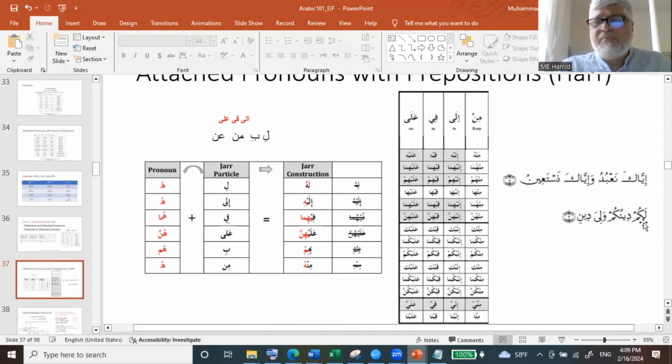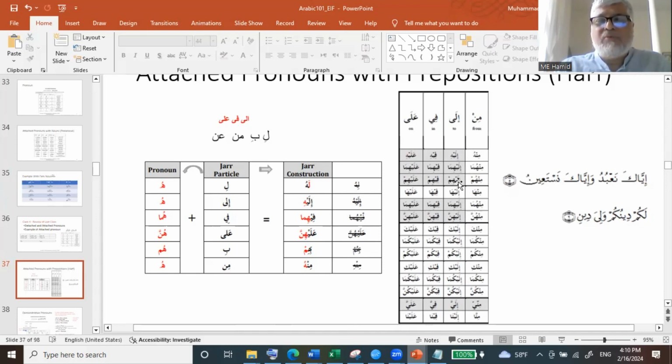Lakum dinukum waliyadin: for you, your deen; for me, my deen. Here it's lakum, for you. If I say lahu, for him. Lakum, for you, all male. So lahu, lahuma, lahum, laha, lahuma, lahunna, laka, lakuma, lakum, you all. For you, dinukum, your deen: deen plus who.